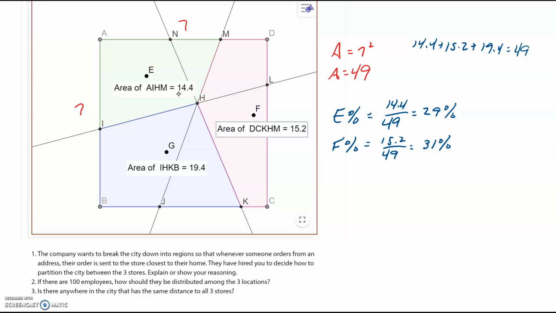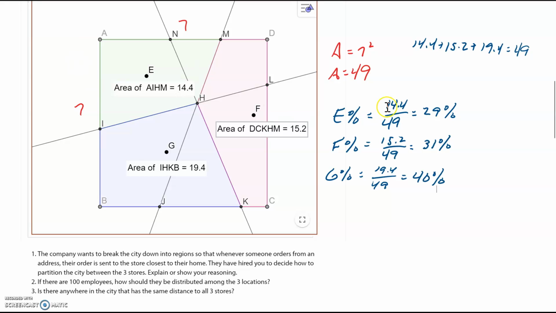And then for G, we're going to take the 19.4 divided by the 49, and we get roughly 40%. 19.4 divided by 49 is 40%.